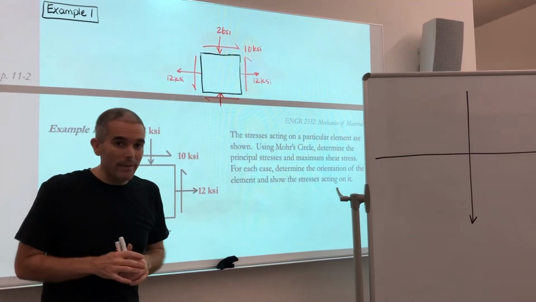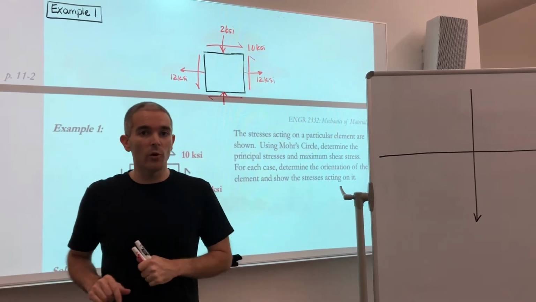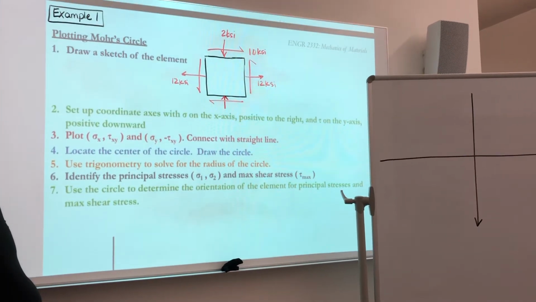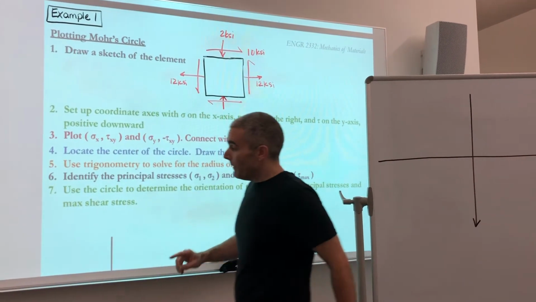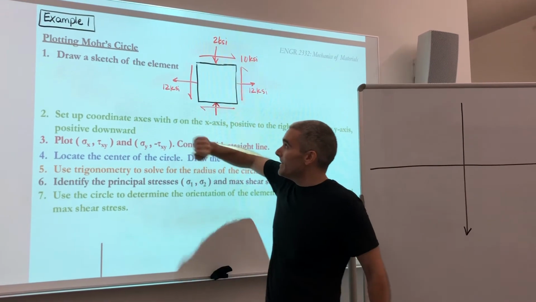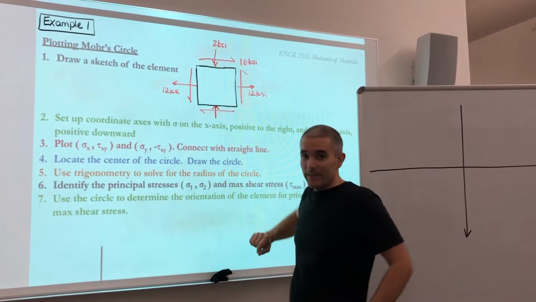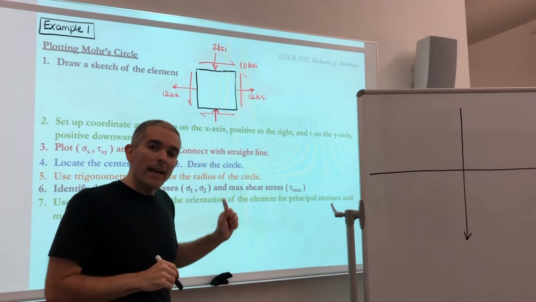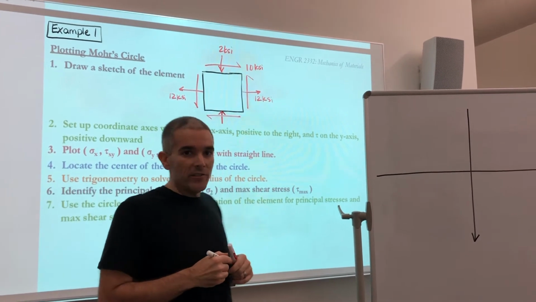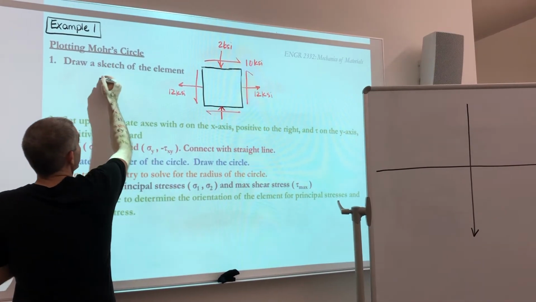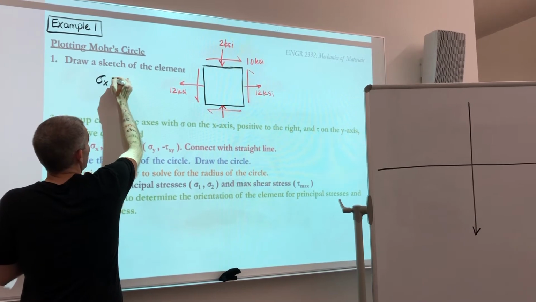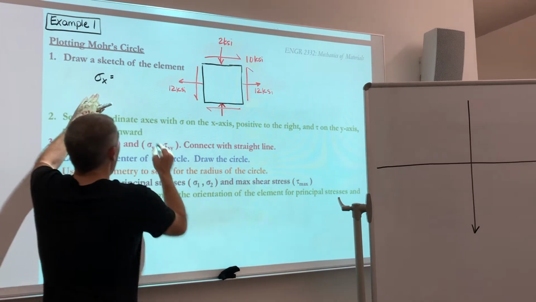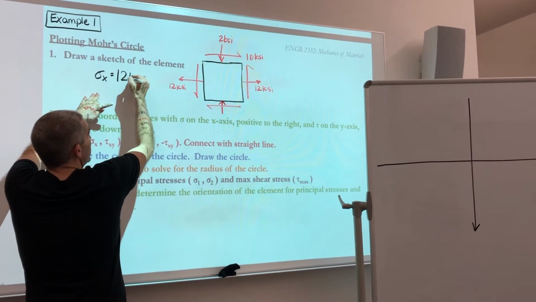Now, I've gone ahead and copied it up because I want to bring up our rules for Mohr Circle. When we developed our rules, we said the first step was to draw a sketch of the element. Boom, we have it done. I like to identify the algebraic value of our stresses. So I see sigma x is in tension, so sigma x is a positive 12 KSI.